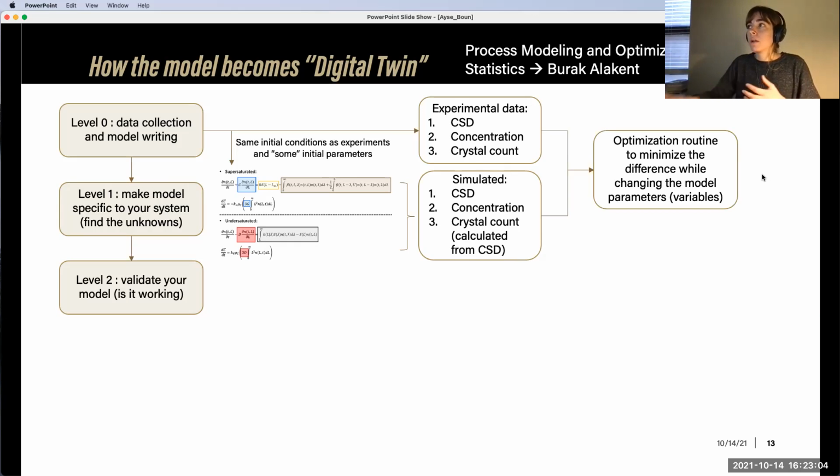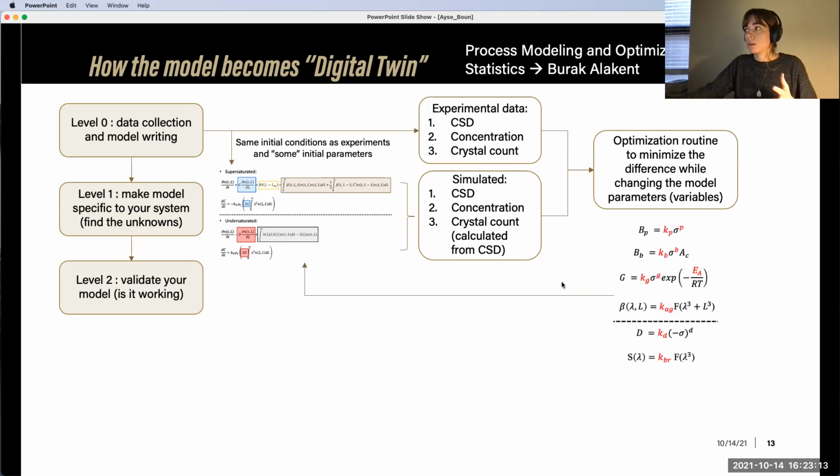And how we do that, we just write an optimization routine to minimize the difference between these experimental and simulated data. And in an iterative fashion, we change these parameters that I just showed you, which make up my model, until the difference is minimized.